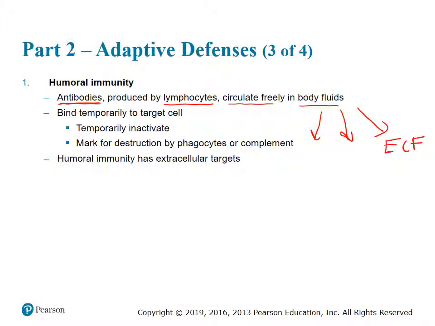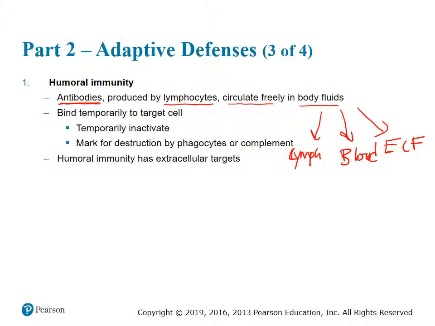Extracellular fluid, blood, and lymph. Sorry if you can't read that. Those are what we mean by body fluids, and antibodies are free to circulate in all those areas. All those areas are found in all parts of the body, and again, antibodies are produced by lymphocytes.